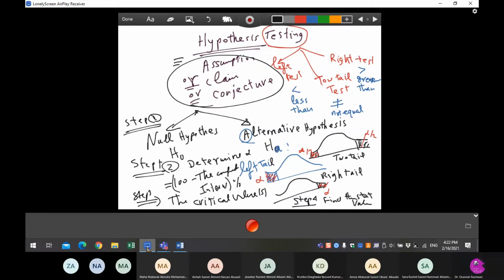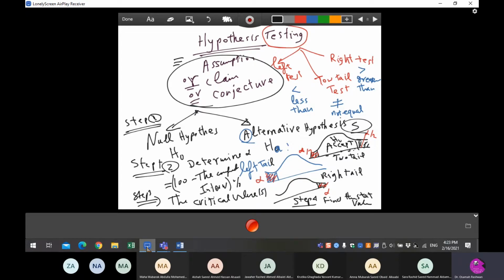Next, step 5, you check whether your stat value is here or not. If your stat value is coming here, in this area, you accept H naught.